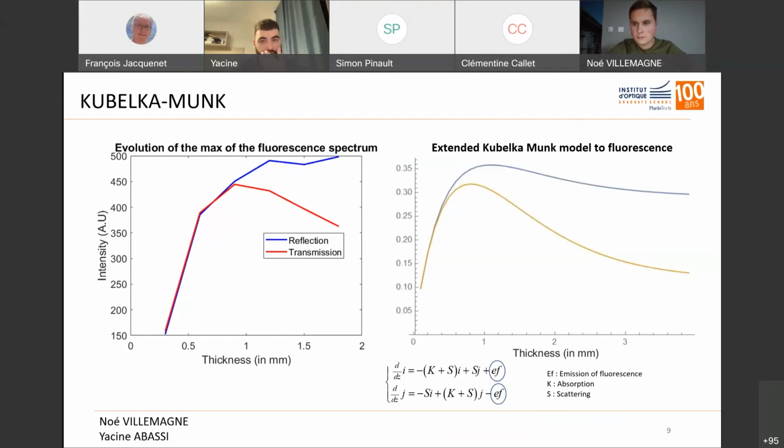For the reflection, we have a first regime identical to the transmission until reaching a regime where the maximum in reflection becomes constant. We solve the system of equations with the term related to the fluorescence, and we notice a result consistent with the Kubelka-Munk model. Next slide, please.